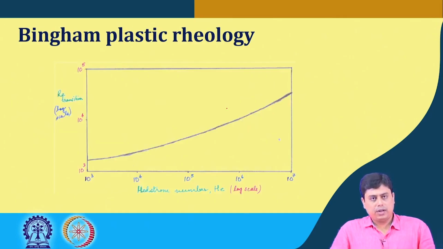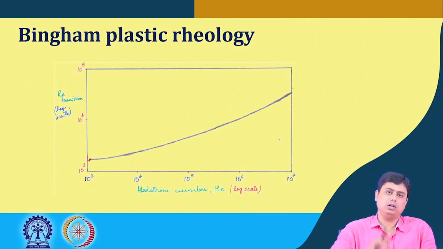Now, this transition Reynolds number here also we have to look into, and in this case the transition Reynolds number is dependent on this Hedstrom number with this kind of an empirical correlation.